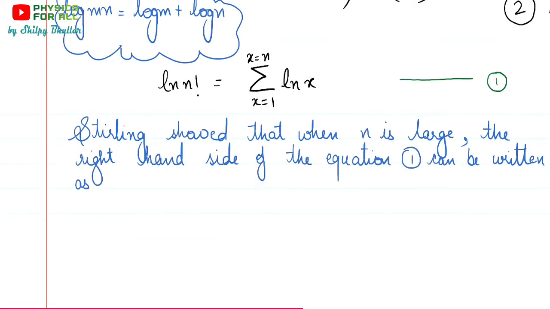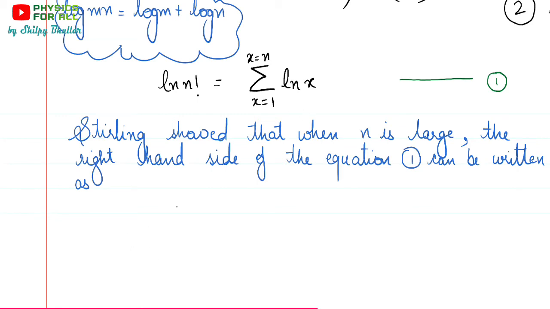Once again, you have to remember that this approximation is for large values of factorial. Here, the n involved, we are considering to be a really large number. So we have obtained this as our equation 1, and now Stirling showed that when n is really large, we can write down the right hand side of the equation in the following manner.